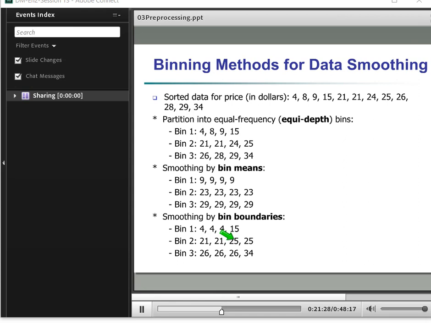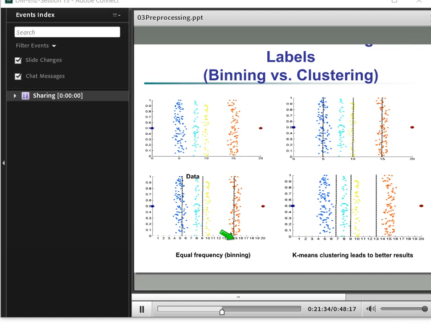So I cannot say that, for example, smoothing using means is better than smoothing using boundaries. It depends on the situation.